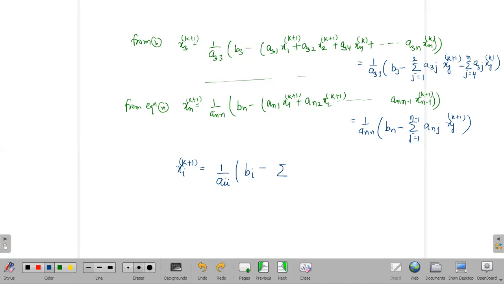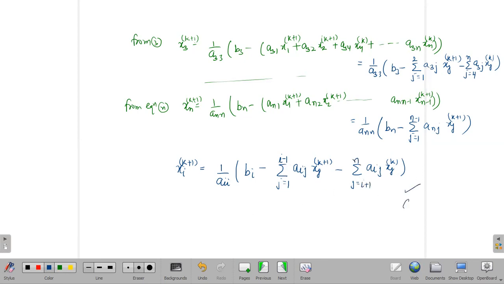So the first one is summation j equal to 1 to i minus 1 of a_ij x_j^(k+1), and the second is for k, a_ij x_j^(k). So here it will be 1 to i minus 1, because if I'm taking 3, there is 2 only and there is no j equal to 3. So here it will be i minus 1 and it will be i plus 1 to n.